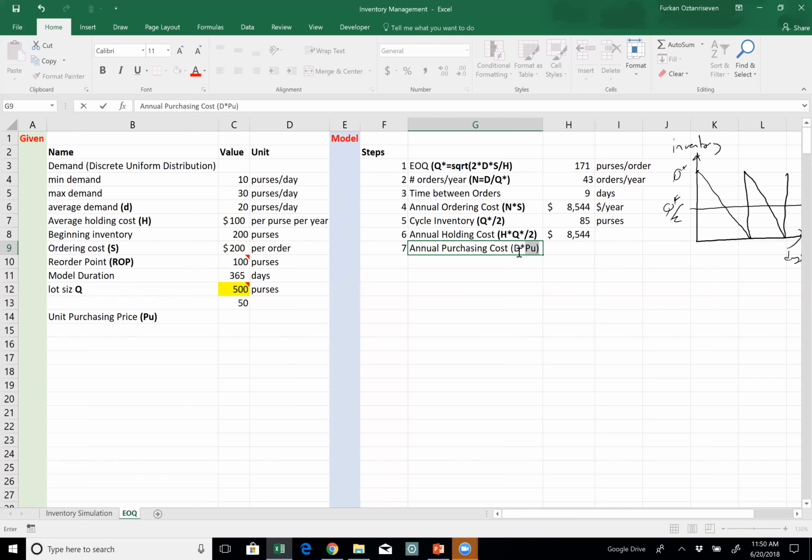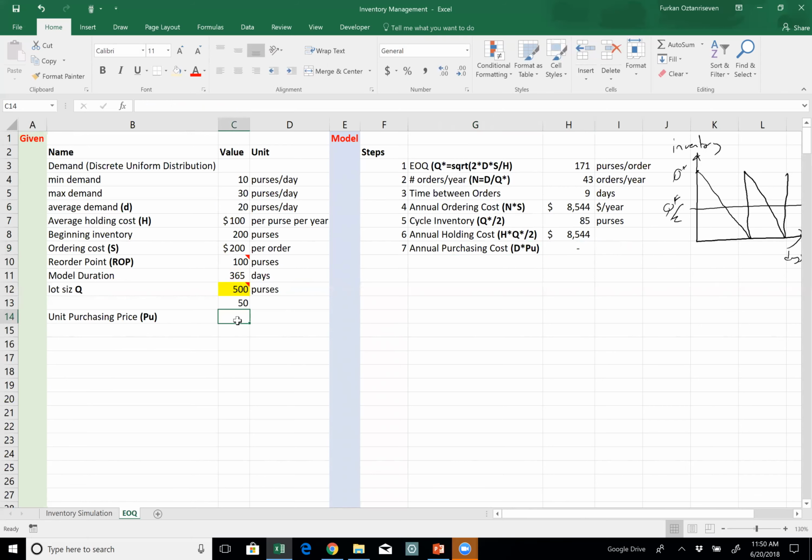All right, so my annual demand is my daily demand, small d, times number of days in a year, which is 365 in this model, times how much am I paying per unit. So this is right here, which I haven't put that number yet. I will put that number now.